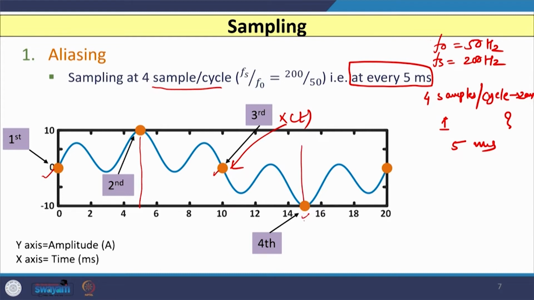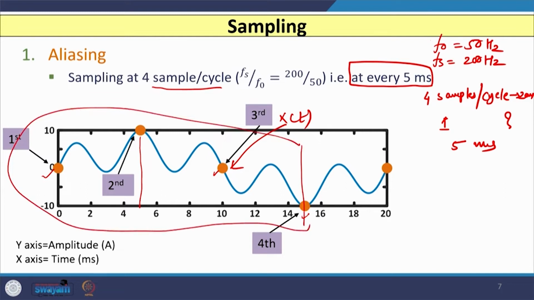This completes the number of samples in a cycle, that is 4. We are going to acquire these samples one by one, and when the next cycle is available, again another 4 samples, again another 4 samples, like this.